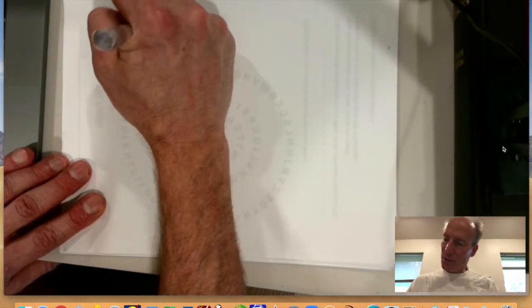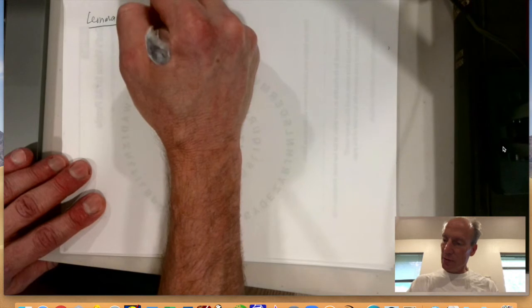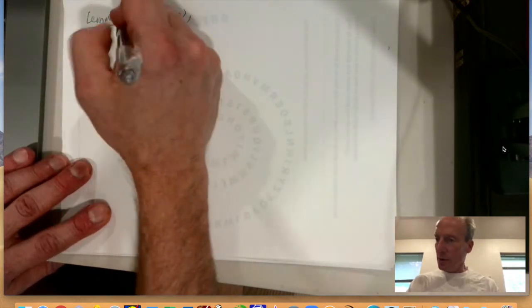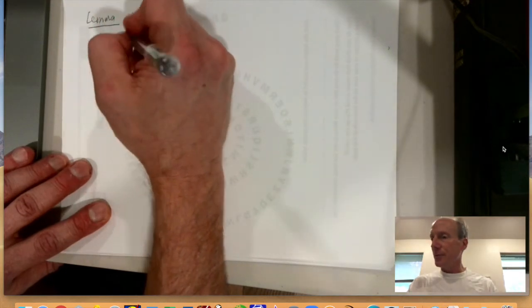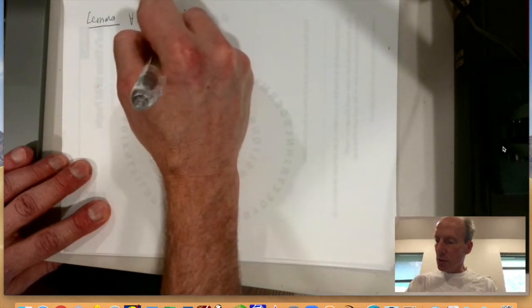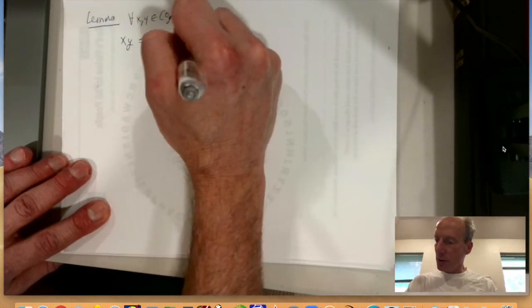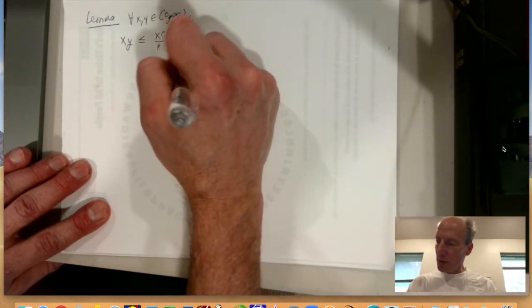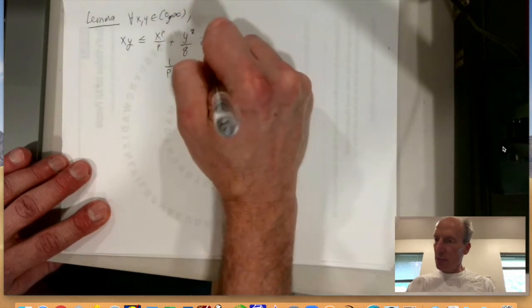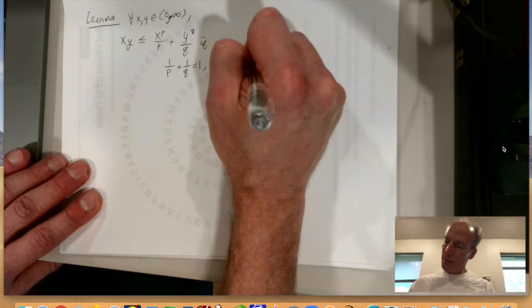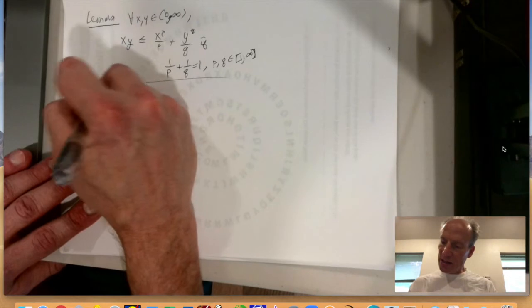The idea is for all x and y positive real numbers, x times y is less than or equal to x to the p over p plus y to the q over q, if 1 over p plus 1 over q equals 1, and p and q are in the interval from 1 to infinity, inclusive, really. Okay, so the idea of the proof is this.